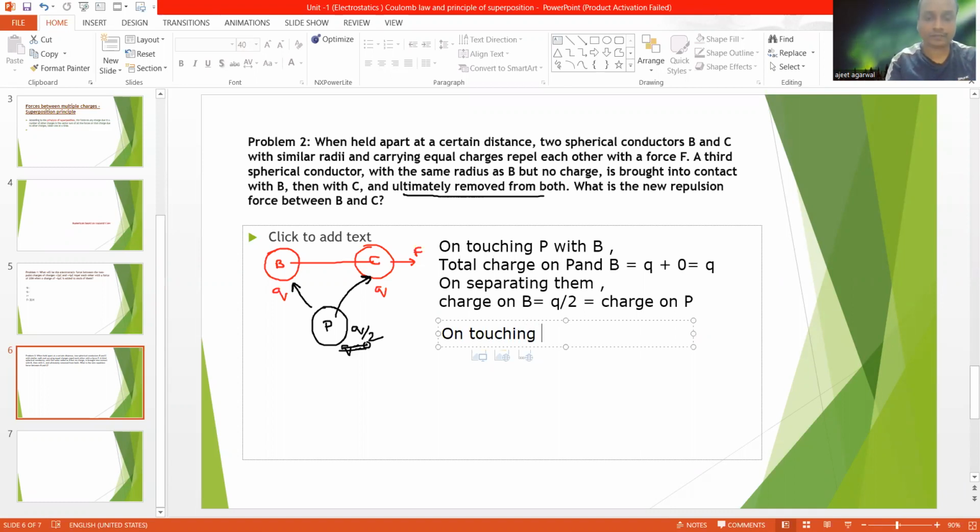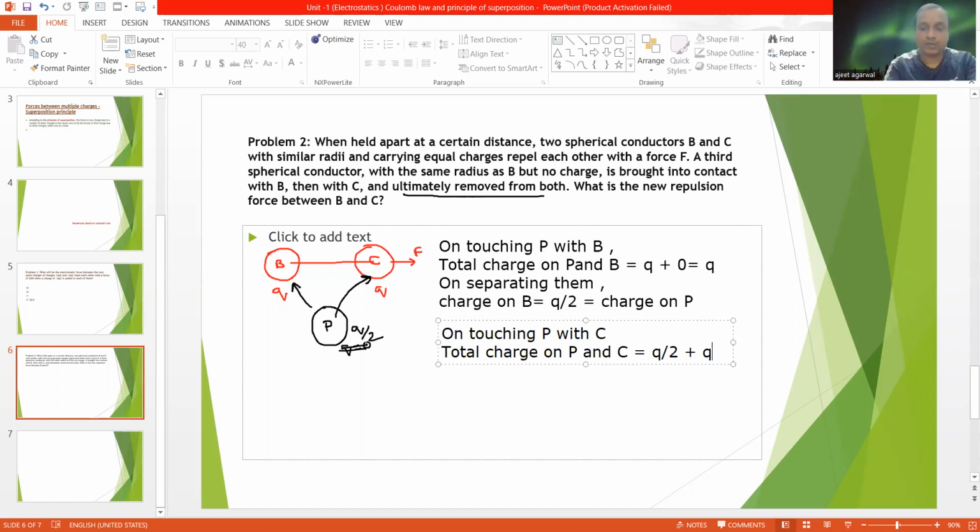On touching P with C, again total charge on P and C. The charge on P was Q by 2, while the charge on C was Q. Then by LCM method you can calculate total charge. It will be 3Q by 2.